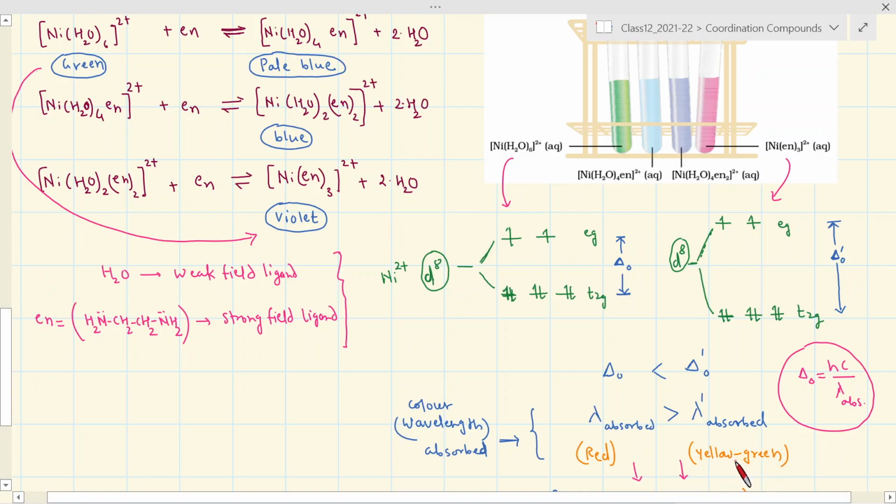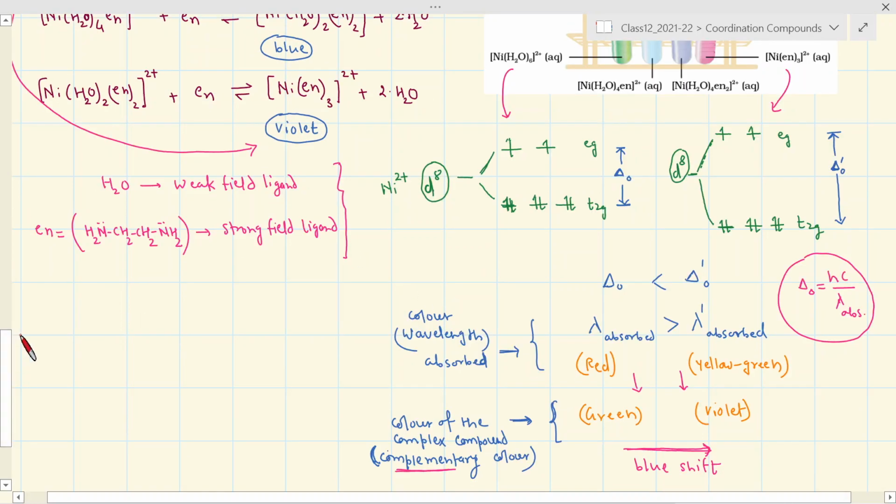And what was the cause? The cause is only the systematic replacement of a weak field ligand like water by a strong field ligand like ethylene diamine. So what we are seeing here is a kind of blue shift in the wavelength of absorption by the solution of the complex compound systematically when we are replacing the weak field ligand with the strong field ligand.